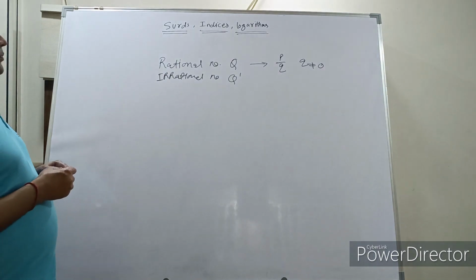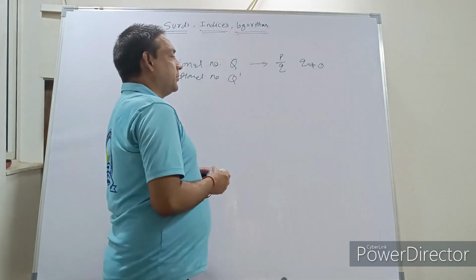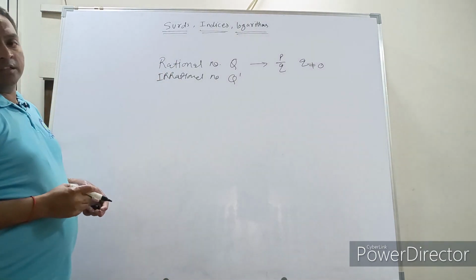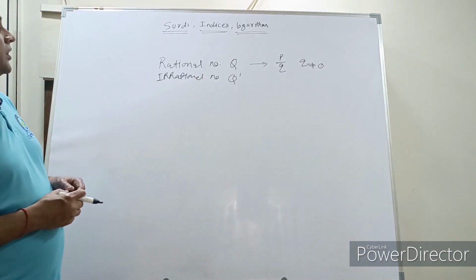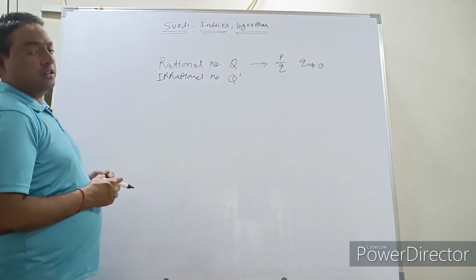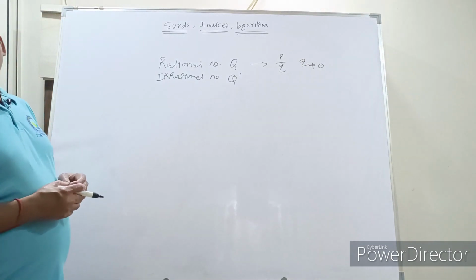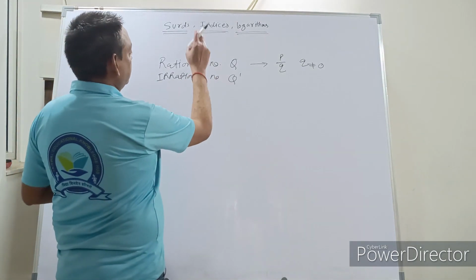In the simple way, a rational number is a number which is either terminating or recurring. Either the number is terminating or the number is recurring, then only it is known as a rational number.